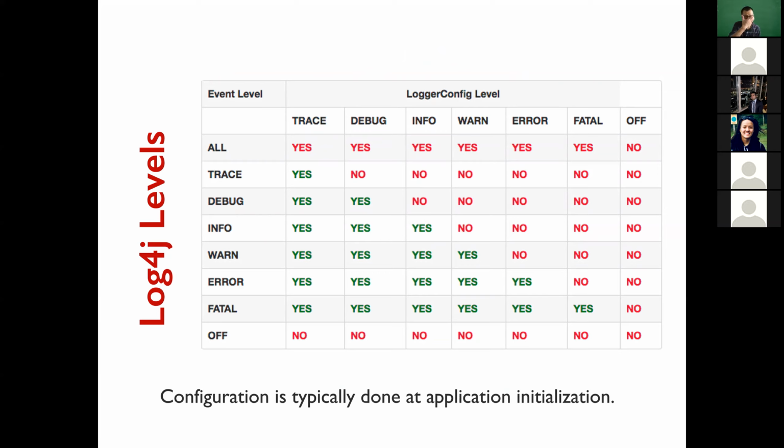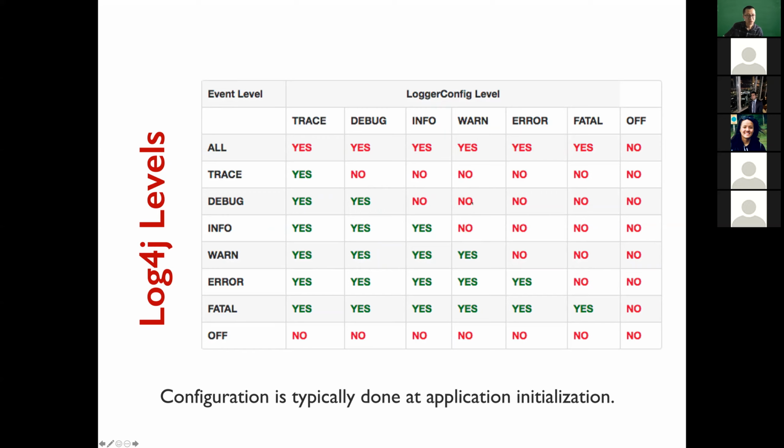Here each column shows the configured log level in the logger config file, and each row shows the level of the logging statements. If we configure a log level, then logging statements with this log level or a log level higher than the configured log level will be output.